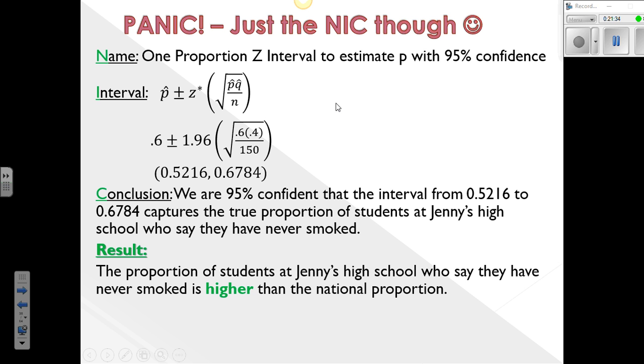The true proportion at her high school is higher than the national proportion. Because that entire interval is above what? 0.5. Notice that if the interval is above that or below that, you're going to reject H0 in that case, which I think is interesting.